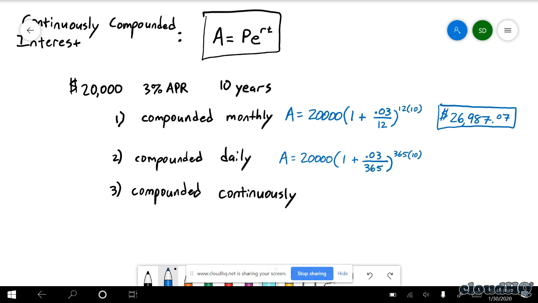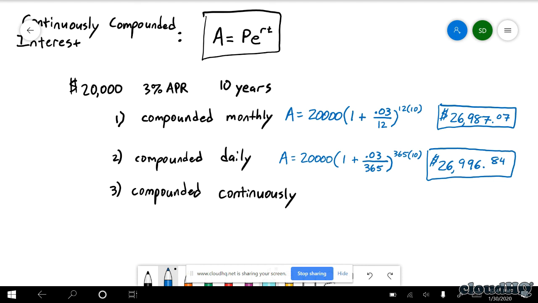And then for 10 years, this time we're going to get $26,996.84. It made us a little bit more money. Nothing different on our part. It's just compounding more frequently made a little difference.